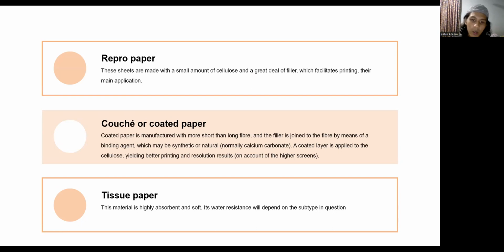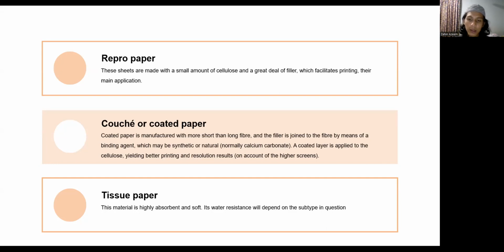It is one of the most common papers on the market and is manufactured in large quantities. Generally, the most common grammage range is a weight from 70 to 90 grams, although it can be as high as 100 grams.